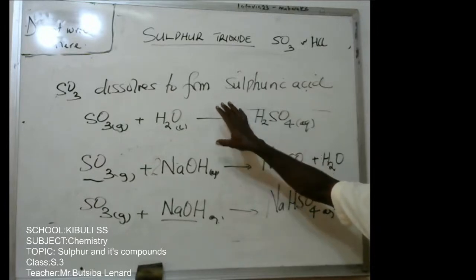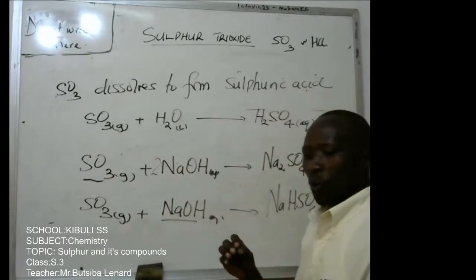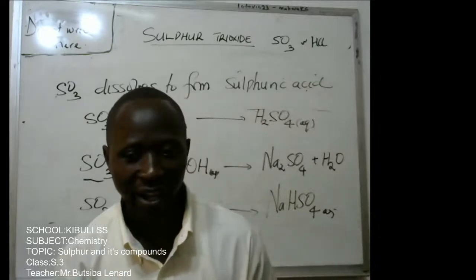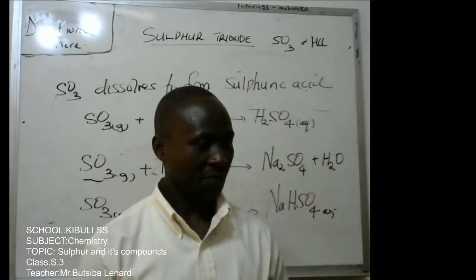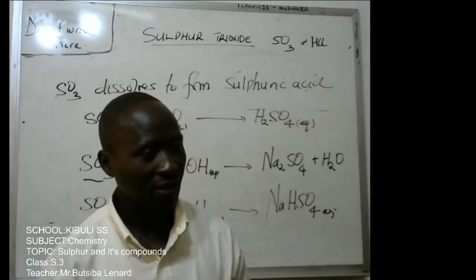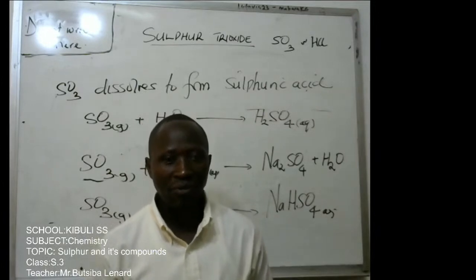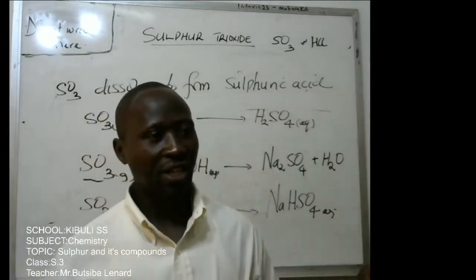You must know at least 2 important chemical properties of sulfur trioxide, and you must know at least 2 important uses of sulfur trioxide. Having said that, we are very ready to go into the chemistry of sulfuric acid. Preparation of sulfuric acid. Then we move towards the chemistry of sulfates and close the chapter.